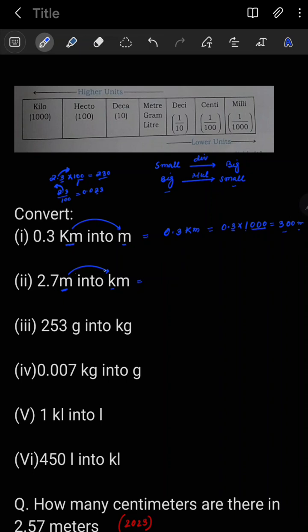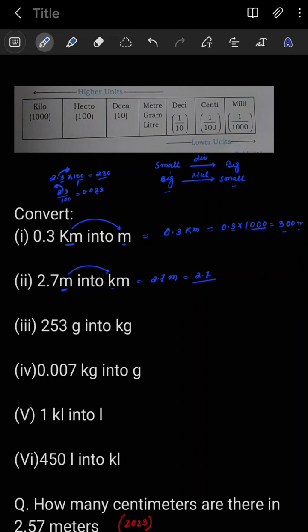In that case you have to divide with the respective value. 2.7 meter is given. This time you have to divide. Why? Because you are converting a small unit into a big unit. Now how much do you have to divide?